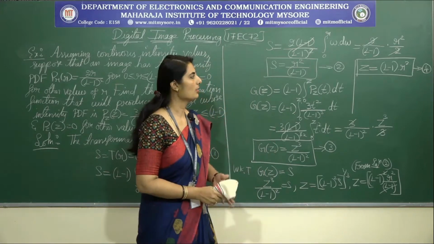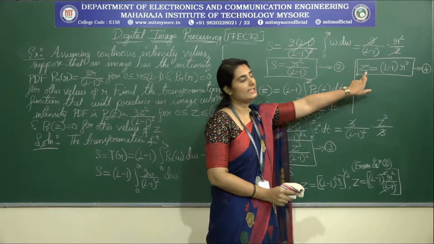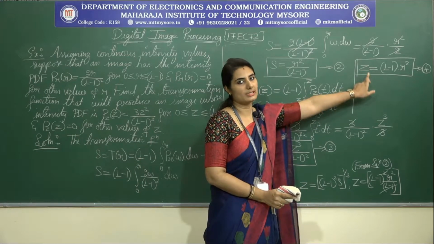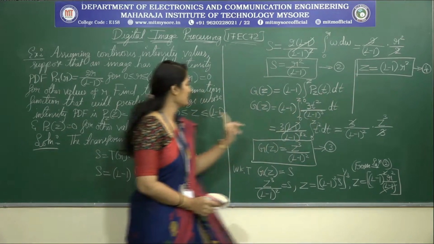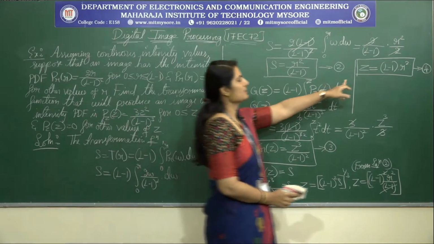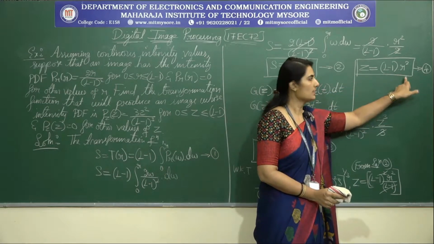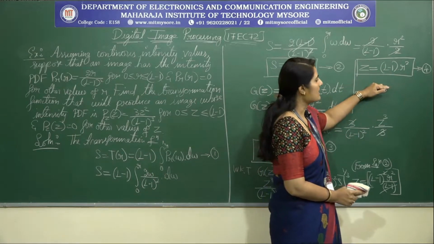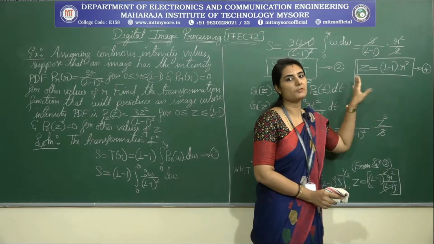So this is how you need to find out the intensity levels of the processed image for the specified probability density function. If you observe this expression Z is equal to L minus 1 into r square, you can see that there are two steps of mapping.